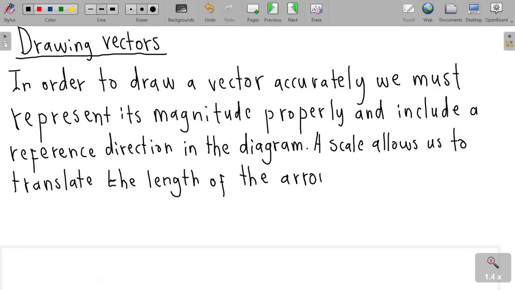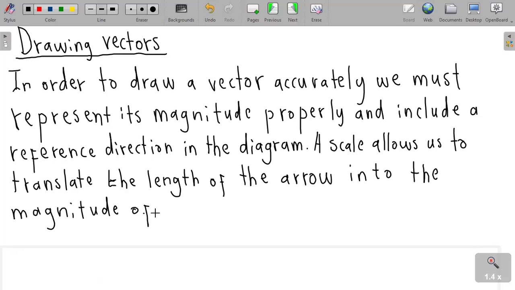You should remember this. So a scale allows us to translate the length of the arrow into the magnitude of the vector. Remember what I said previously. What is the length? It's the magnitude of the vector. Okay. So that's what the scale does.